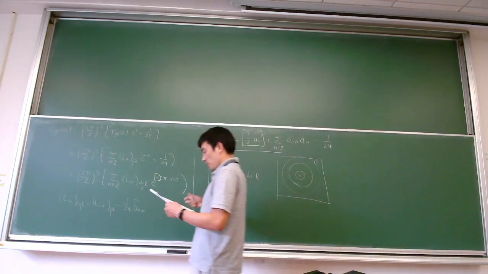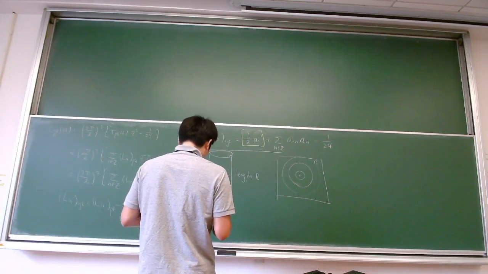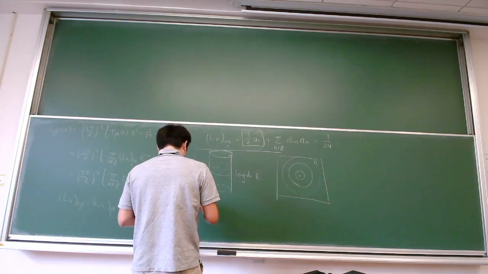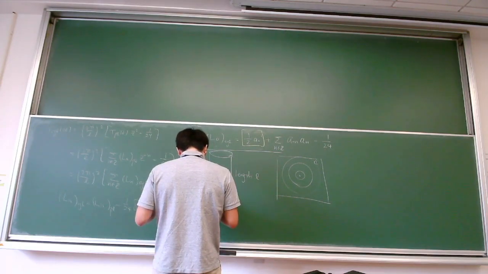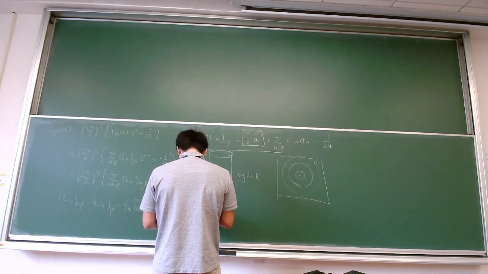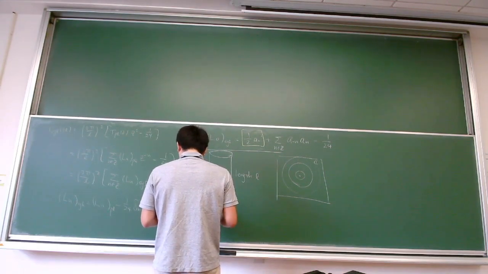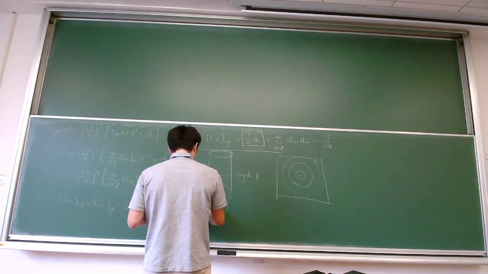On the other hand, here the vacuum energy is indeed given by 2 pi over L squared times minus 1 over 24.